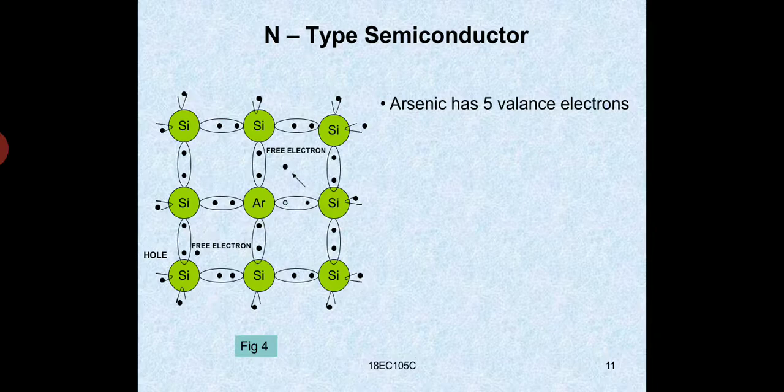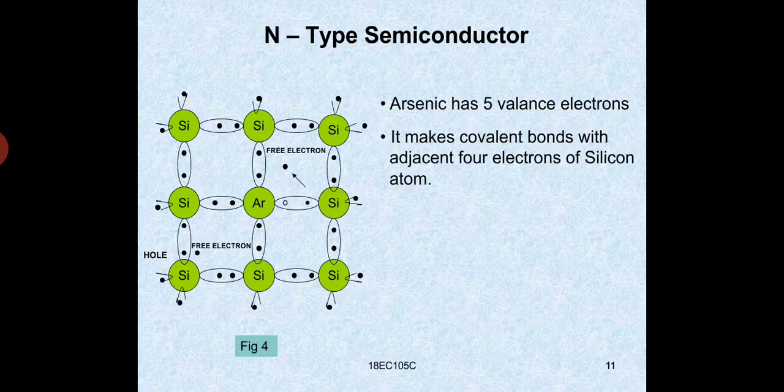And we know that arsenic has 5 valence electrons, and it makes covalent bonds with the adjacent 4 electrons of the silicon atom. The fifth electron becomes free and enters into the conduction band. As you can see in the figure, arsenic is in the middle of the structure.